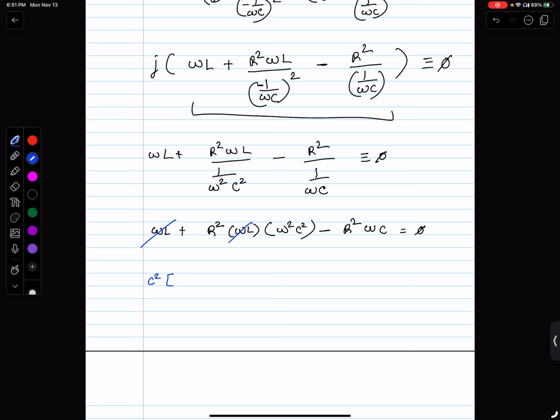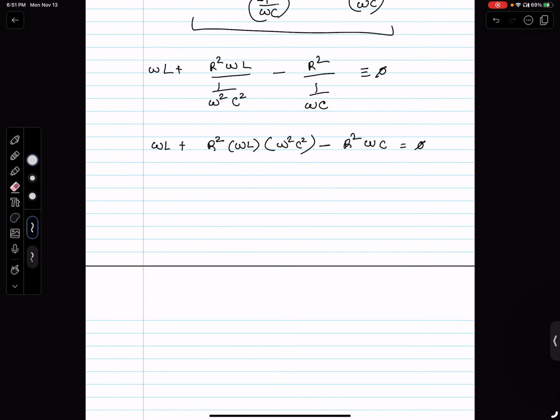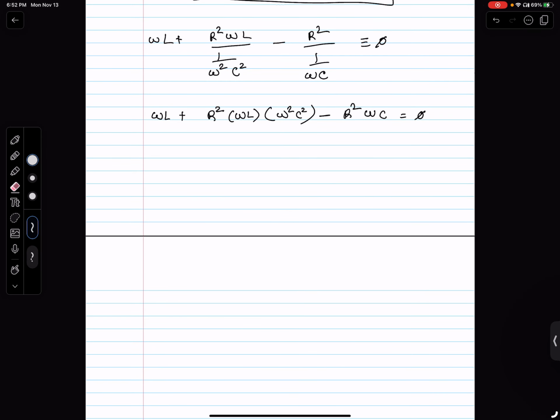Minus R C squared. Excuse me on that. But the idea is we can find a quadratic. We're going to write a quadratic in C. So we can factor out omega. Certainly we can factor out omega because the omega term is common. We can factor out that guy.